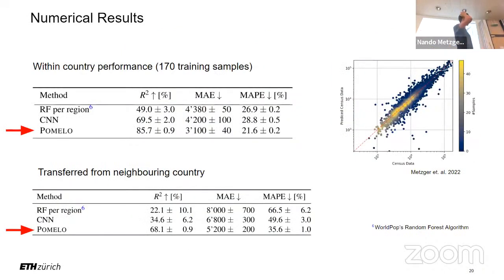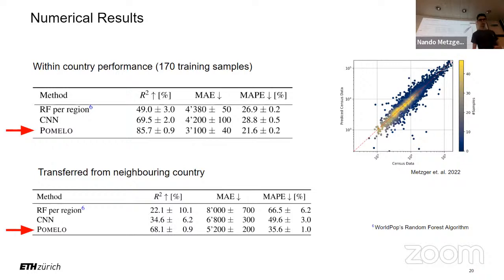There are multiple ways to validate such a population method. The first is to validate within the same country. The other is to validate in a neighboring country, basically transferring the model. We saw that in both cases we achieved quite good performance.